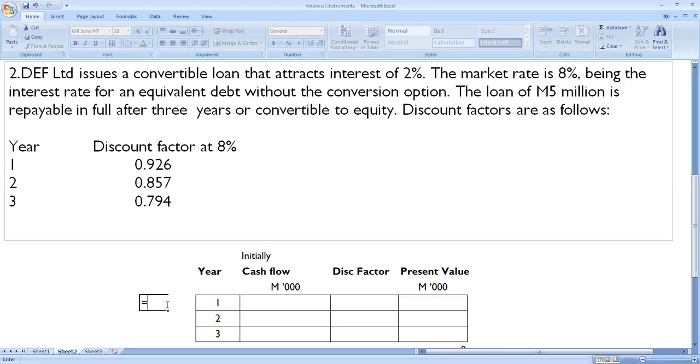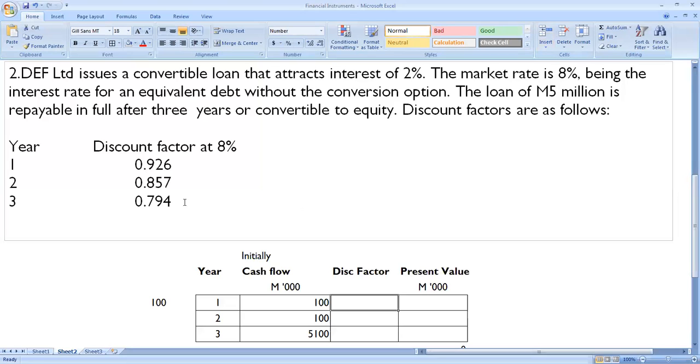So 2% of 5 million is 100. Our level of precision is in thousands here. In the first year it is going to be 100, second year 100, and in the third year it is going to be the 100 plus the 5 million, so 5.1 million.